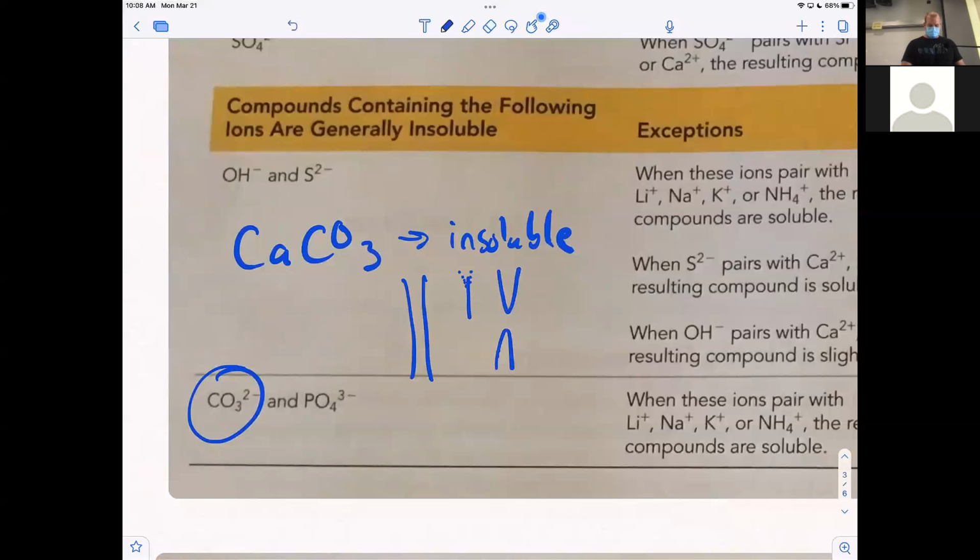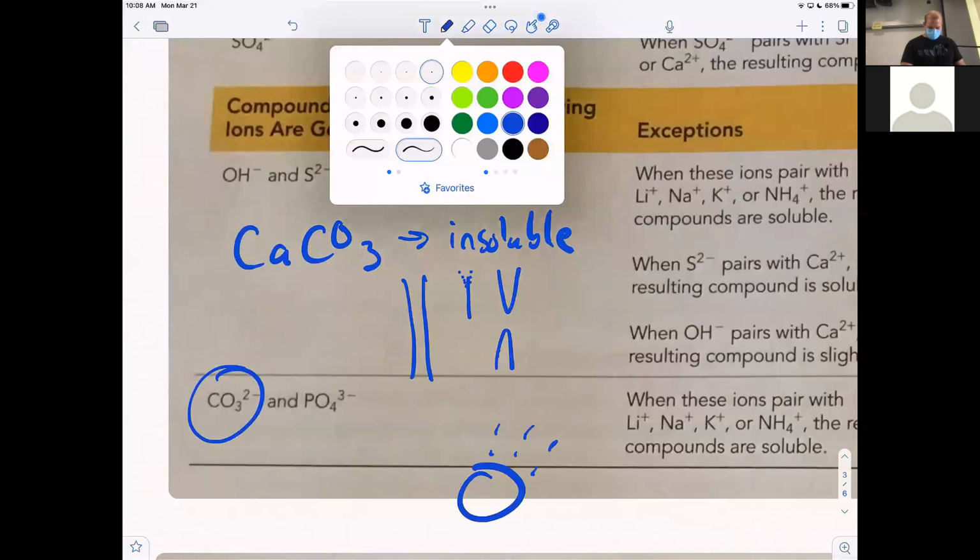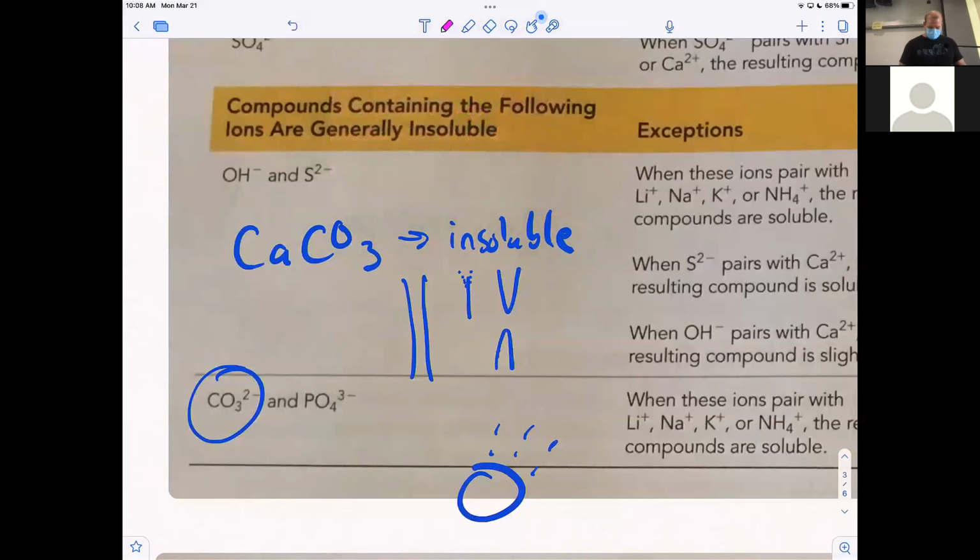As water is dripping in a cave, here's your water droplet, and some of it evaporates. Then you can get precipitates of calcium carbonate.